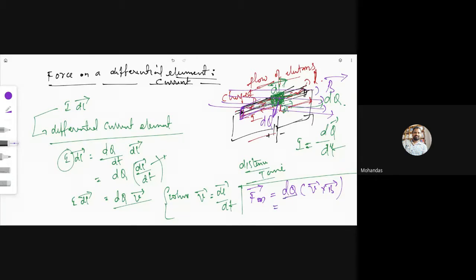If I take dq, is it a total force or a differential force? Differential force. Very good. So dFm equal to dq into v cross B.